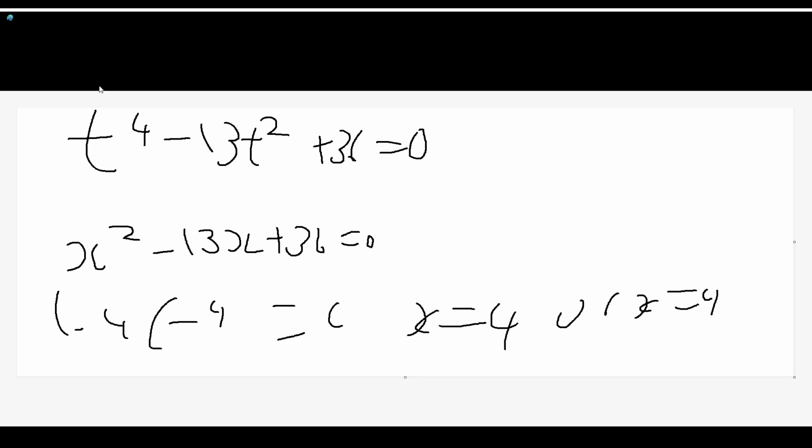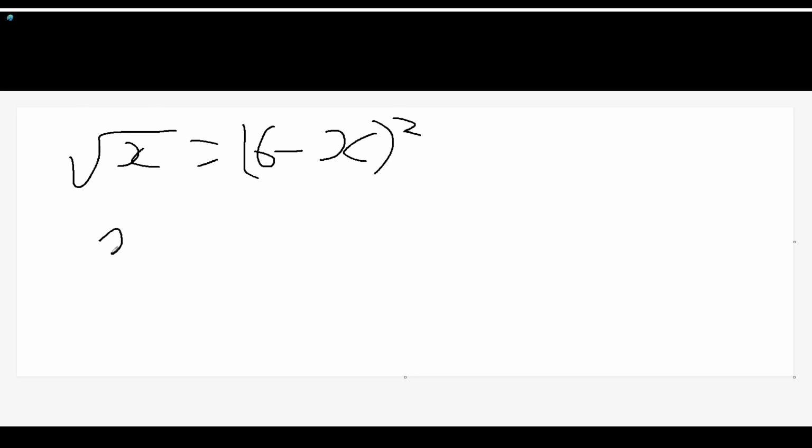Now, we can do a new substitution, in which we would ordinarily not, and we can explain why there's an advantage, right? So we've got root x being equal to 6 minus x. And you can obviously easily square this equation. So what you would do is you would just square both sides, right? So this squared and this squared, so it would just be x equals (6 minus x) squared.